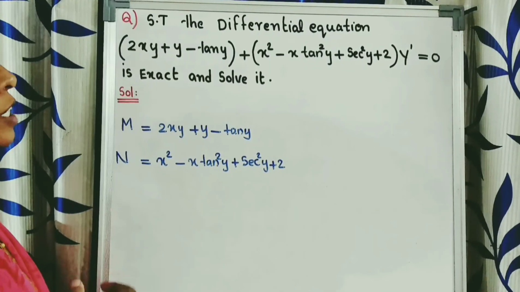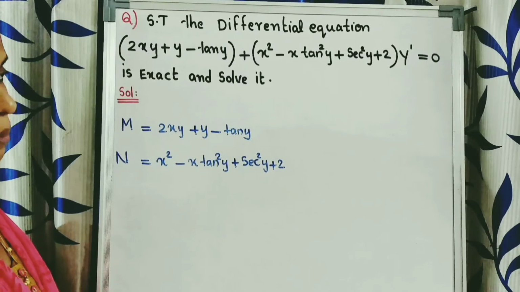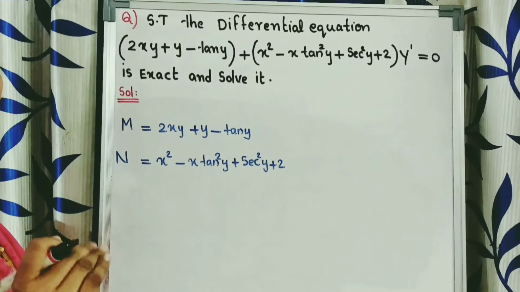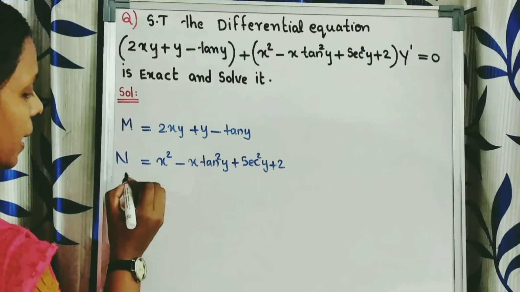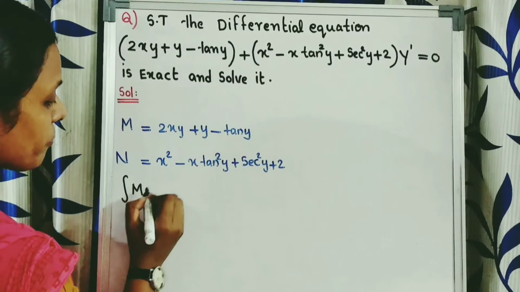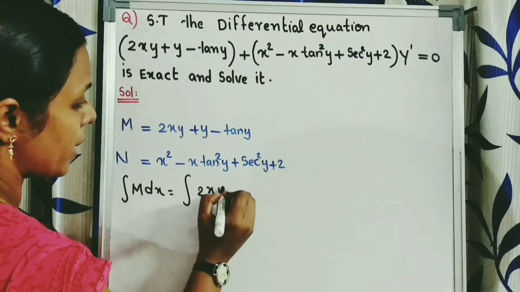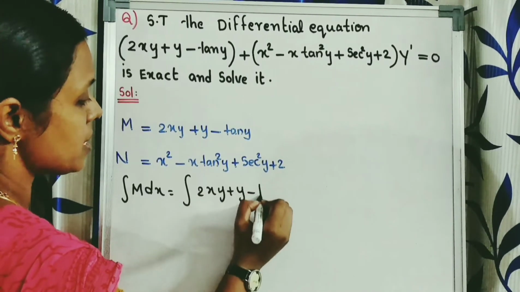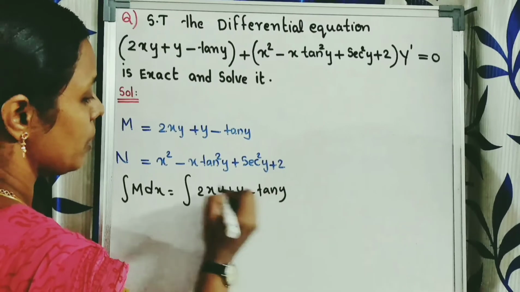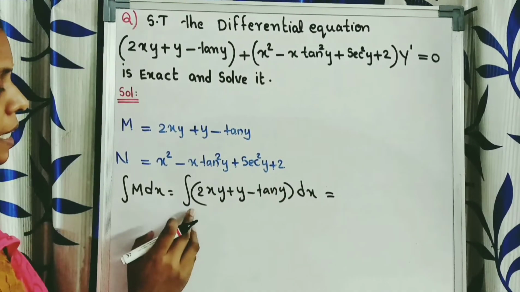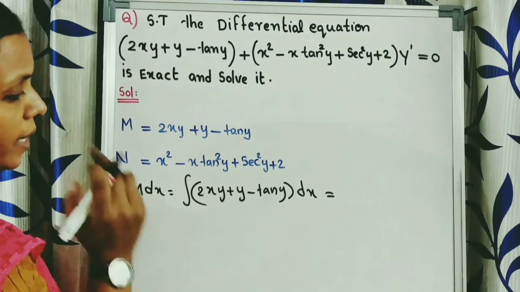Next, we have to find the solution of this differential equation. First, we integrate M with respect to x, regarding y as constant. Then we get integral M dx is equal to integral of (2xy plus y minus tan y) dx. That is equal to the integral of 2xy dx.